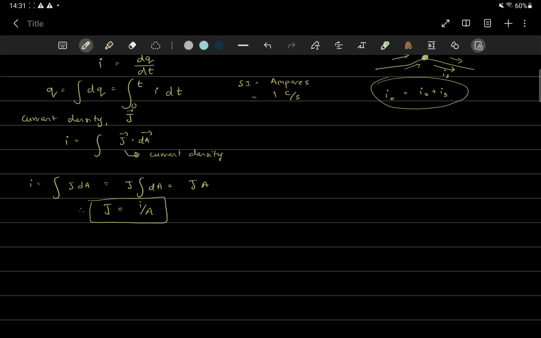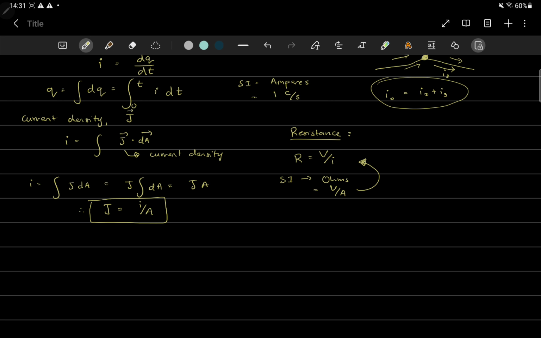Now next, what we're going to see is the definition of resistance, and this is something also that you've seen before. So resistance, as we know by definition, is given as V by I, which is some voltage divided by current, and it has the SI unit of ohms, right, which is essentially given as V by A due to this definition, which is voltage divided by amperes.